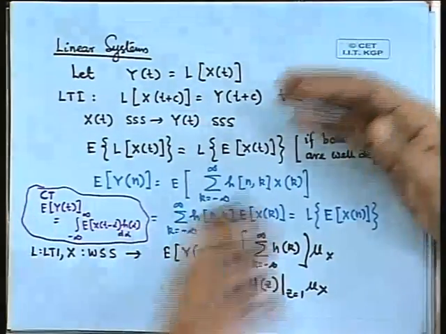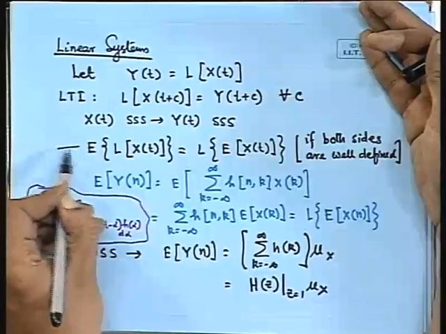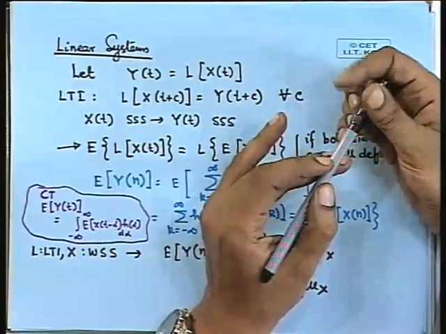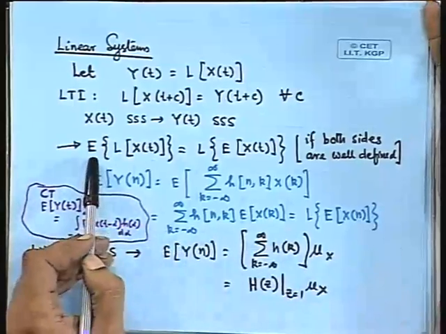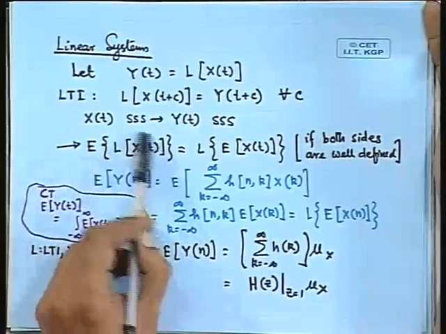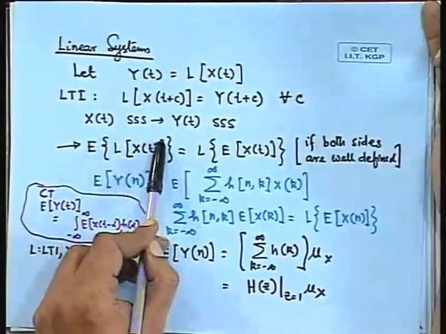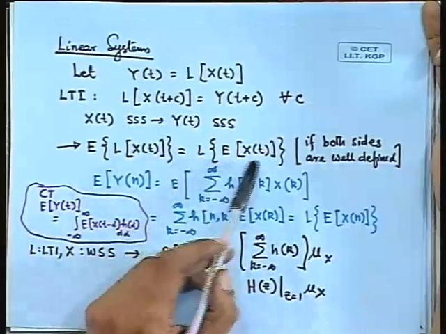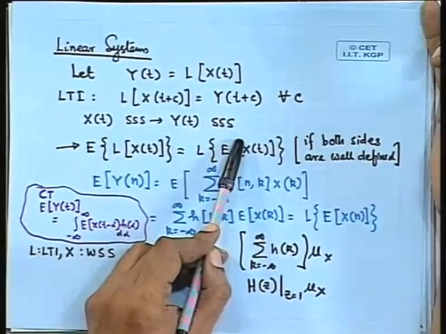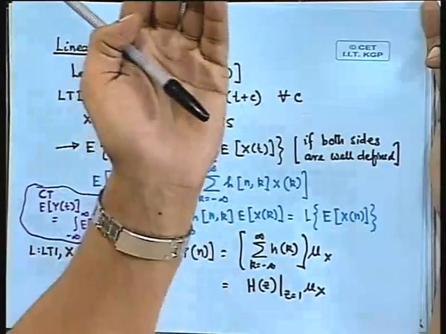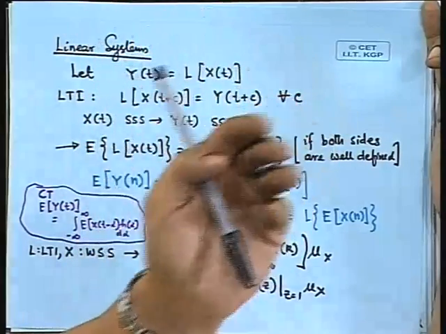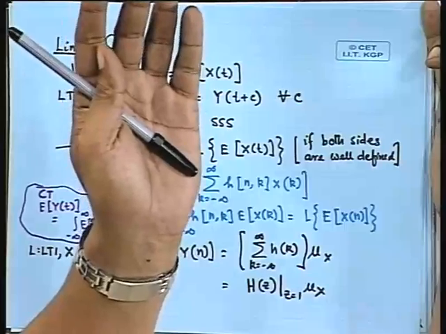Now this is a very interesting result, the first important result, which shows the linearity of the expectation operator. That is, if you take the expectation of the output y, it is just like feeding the expectation of x through the filter. So if you know the expectation of the input, you can directly calculate the expectation of the output without actually feeding each one of them and then calculating expectation.